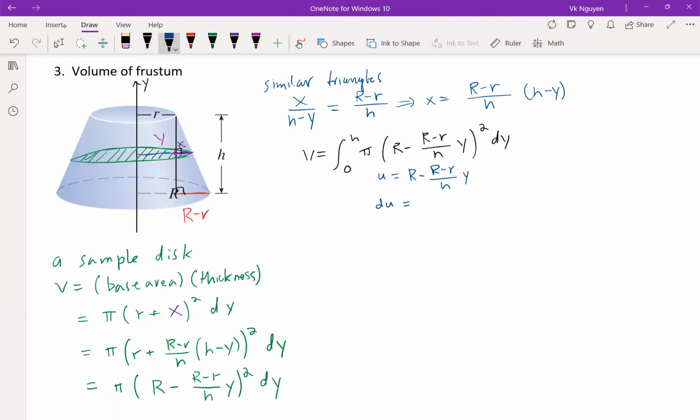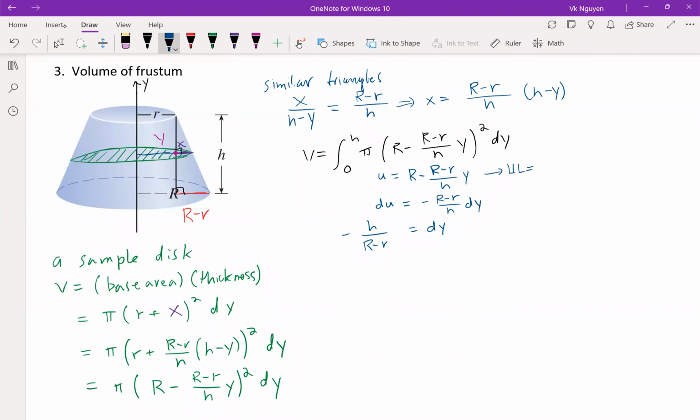So du is gonna be negative the bigger r minus the smaller r over h dy. So dy is negative h over the bigger r minus the smaller r du. Okay, we have to also change the limit here.